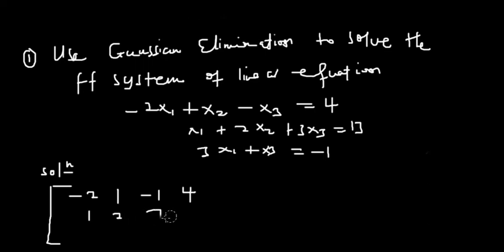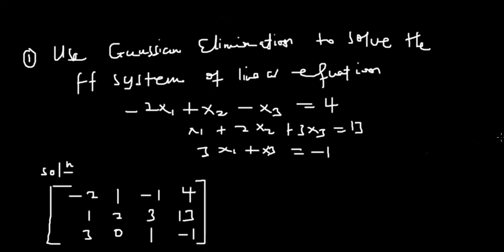Let me rewrite this, it doesn't look like a 3 at all. And then we move on to 3. We don't have x2, so we have 3, 0, 1, and -1. That was really simple.